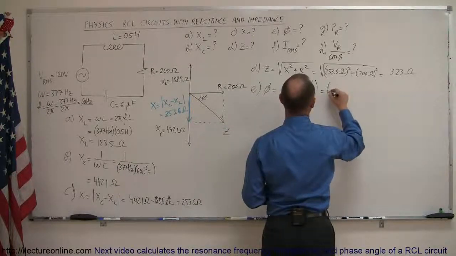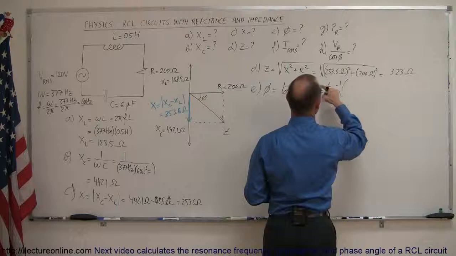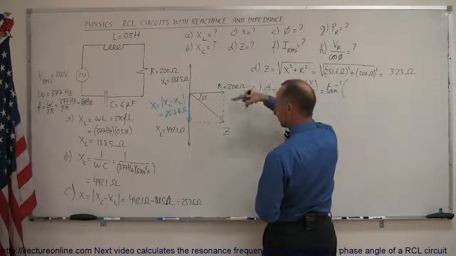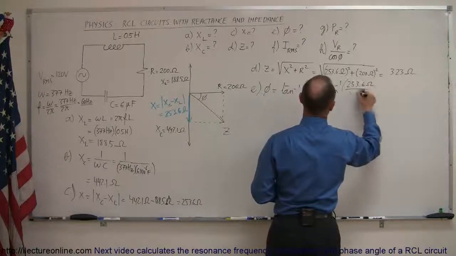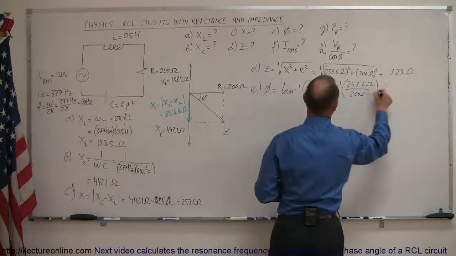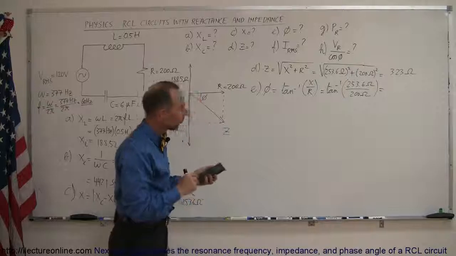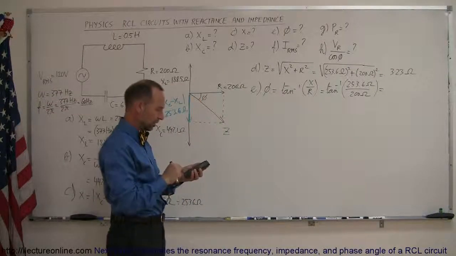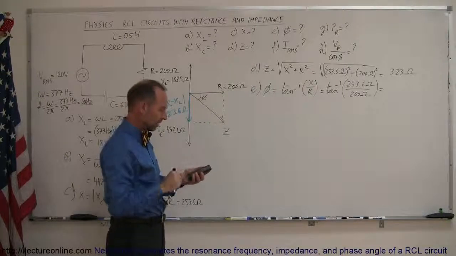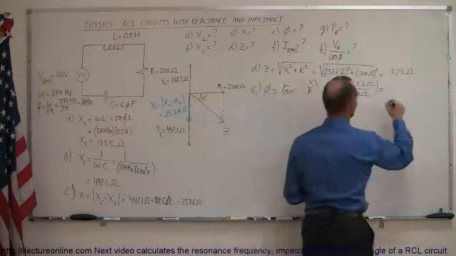And so this is equal to the arctangent of X, which we said was 253.6 ohms, divided by the resistance of 200 ohms. And what do we get there? 253.6 divided by 200, and take the arctangent of that, and we get 51.7 degrees.